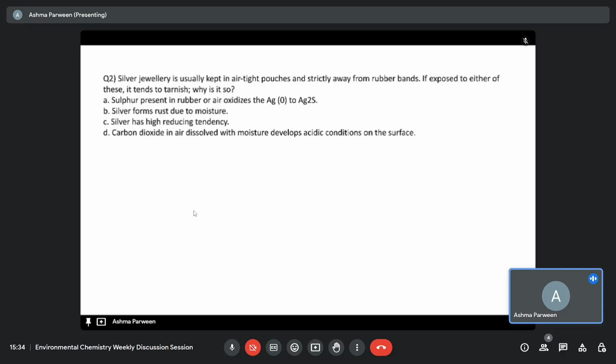Let me write the reaction first. Silver, that is Ag solid, reacts with H2S, hydrogen sulfide gas, and forms Ag2S solid, which is the tarnish, along with hydrogen gas.